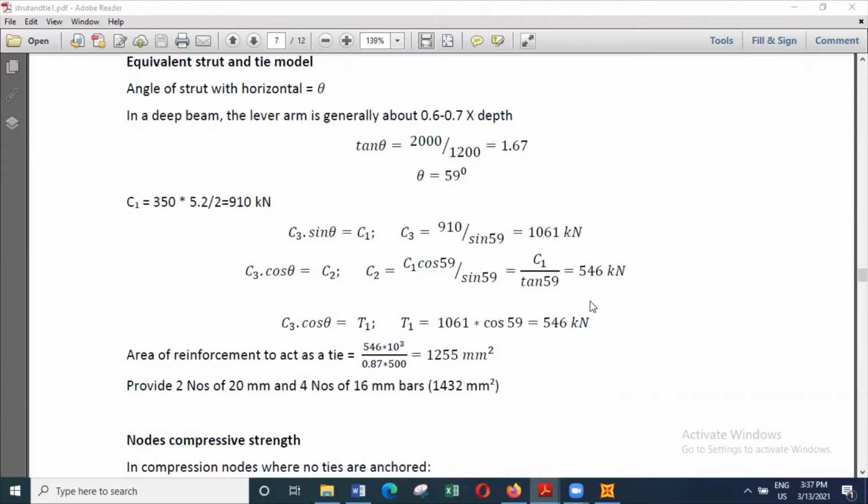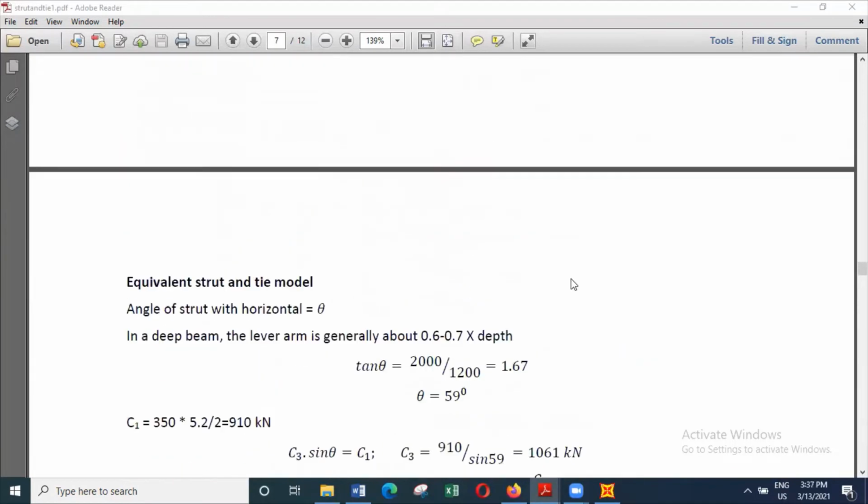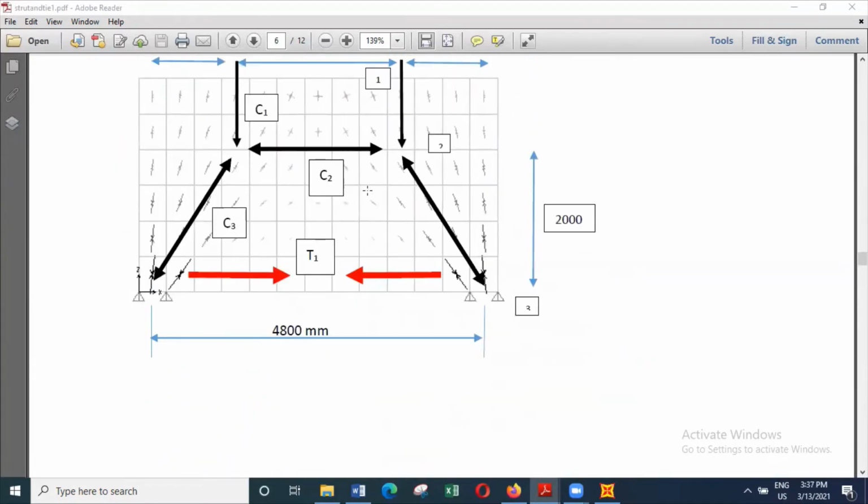So you can see finally C2 value is 546, and that is also equal to C2, also the same situation. And C2 is the compression, and that is actually resisted due to the horizontal component of C3.